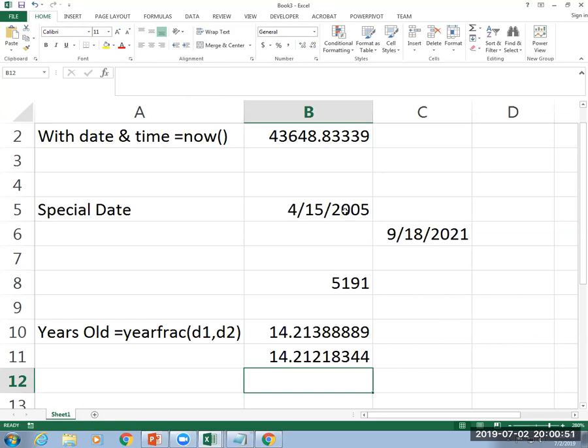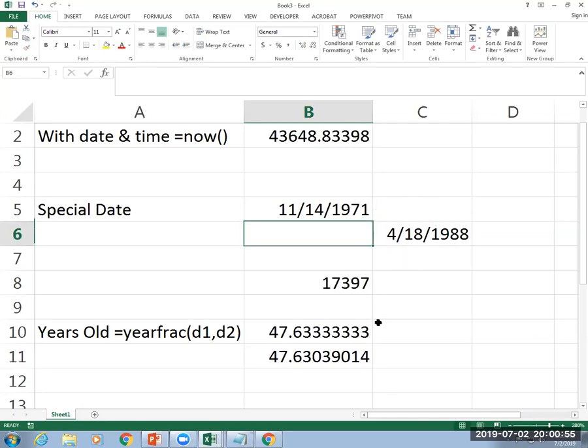If I do my birthday, it's even more off, by almost a third because of 2010.